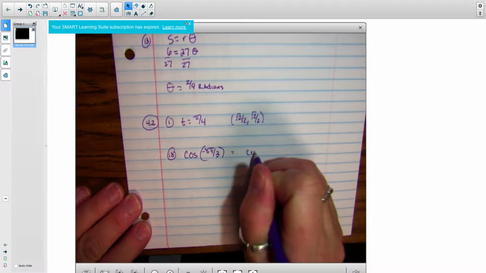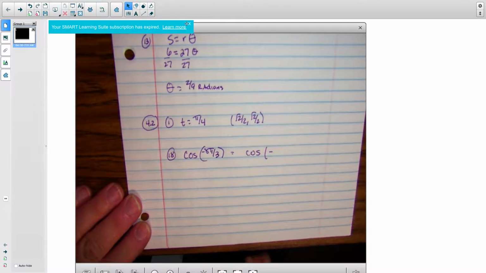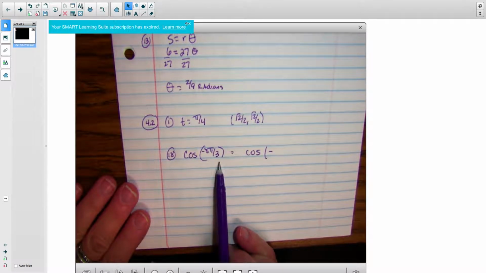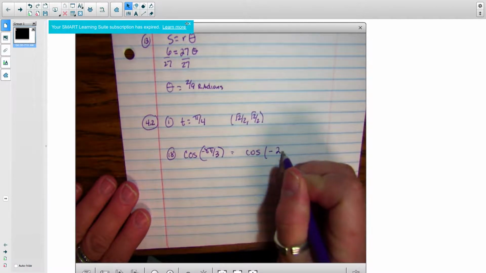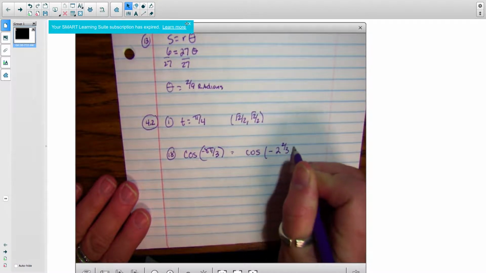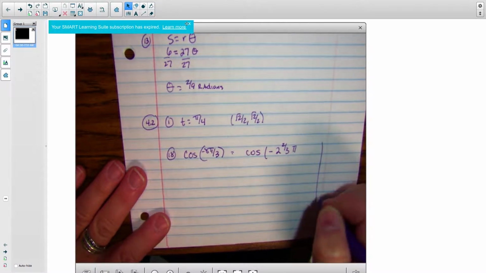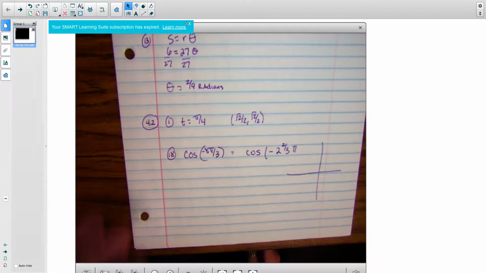What I'm going to do is write this as a mixed number. 8 pi over 3 is what as a mixed number? 2 2/3 pi, right? So we're rotating a negative 2 2/3 pi.